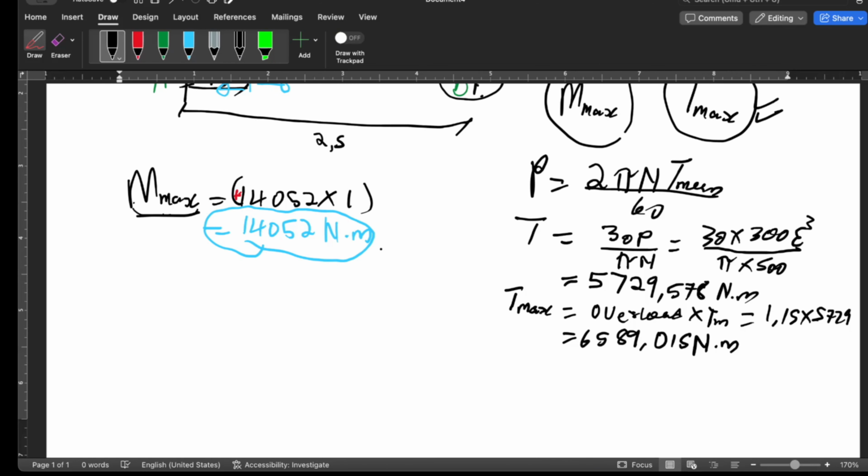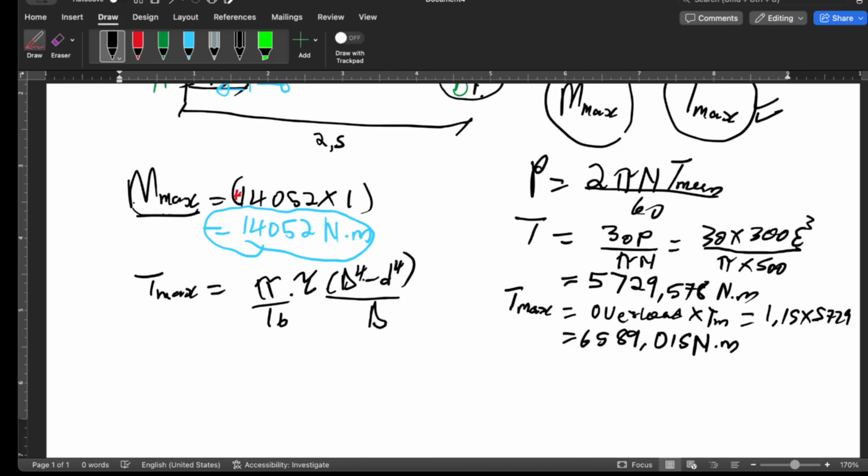Question number 1, they want us to calculate the diameter of the shaft. The diameter, remember this is a hollow shaft. So in this case, from N5, you know that T max is equals to pi over 16 times shear stress times d to the power 4 minus d to the power 4 all over d. So in this case, the formula is still the same.